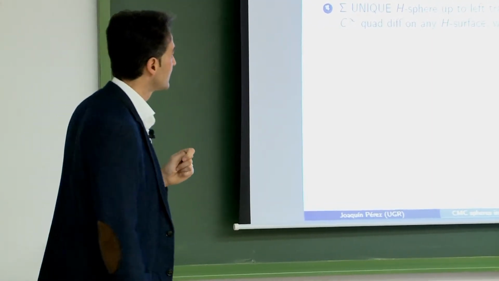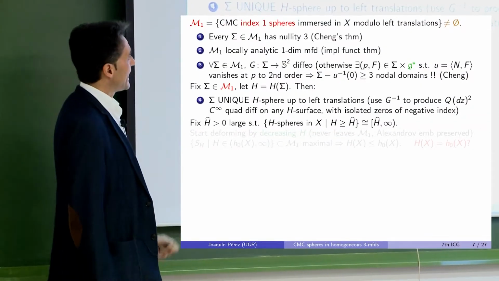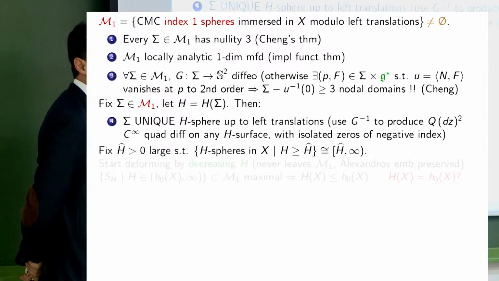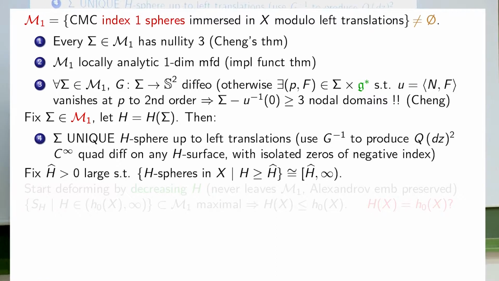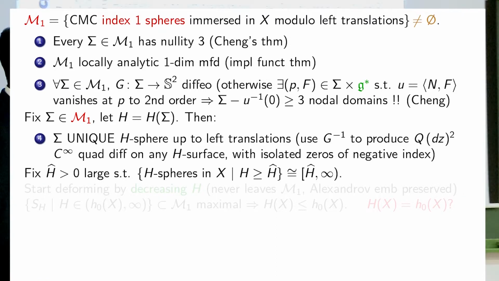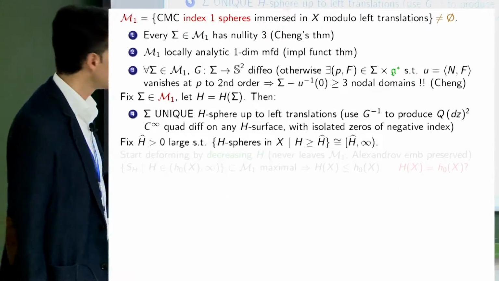which means that sigma is the only CMC sphere with that value of H. Okay? Now I fix a value of the mean curvature, a real number, H hat, large enough so that with everything I have proven so far, the moduli space of H spheres with values of the mean curvature at least H hat is real analytic diffeomorphic to an interval of this form. Okay?